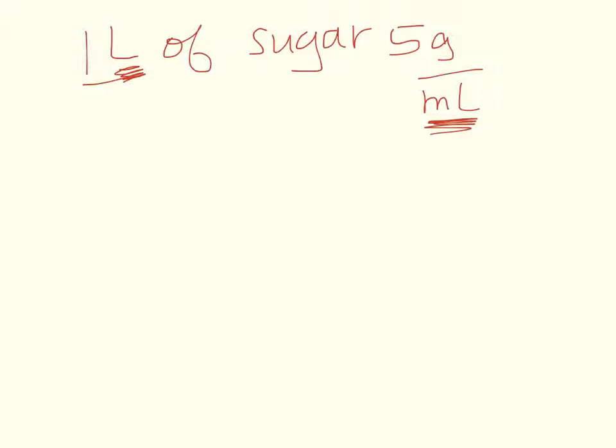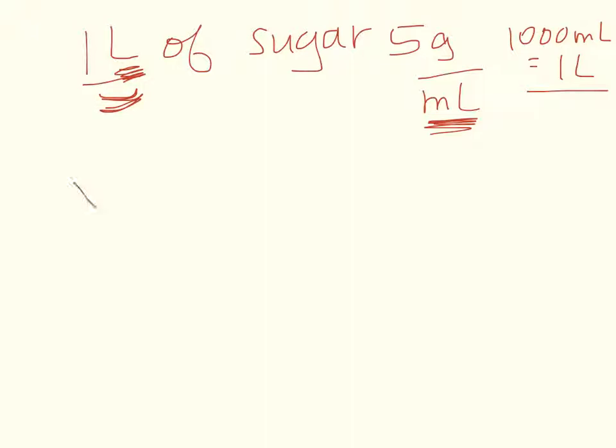I have to get them to be the same unit in order for the calculation like we just did to work. So I know there's 1,000 milliliters in a liter.